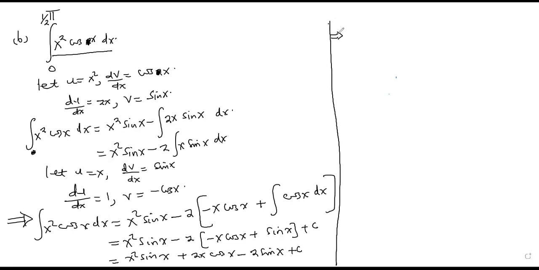it would imply that the integral from 0 to pi over 2 or half pi of x squared cos x dx is going to be equal to, shall plug in the limits, x squared sine x plus 2x cos x minus 2 sine x from 0 to pi over 2.